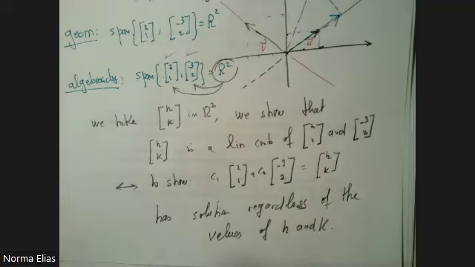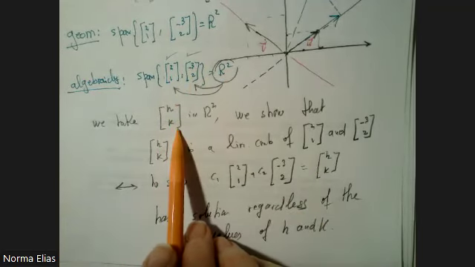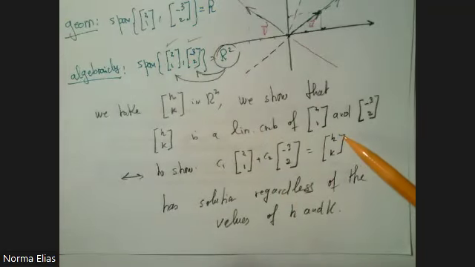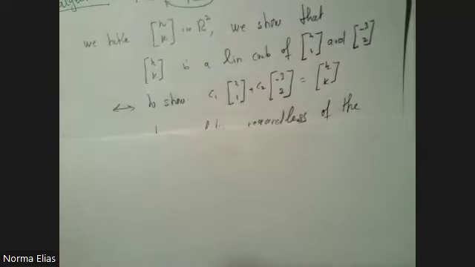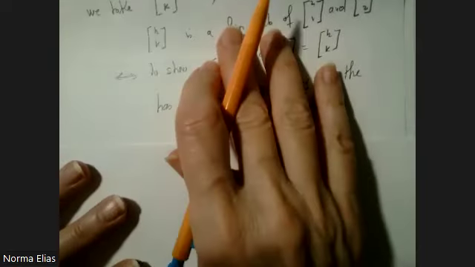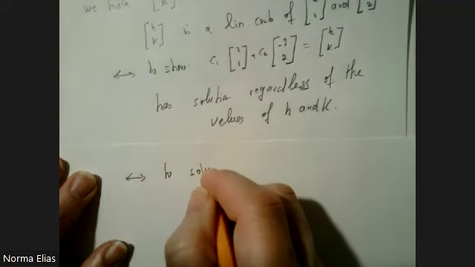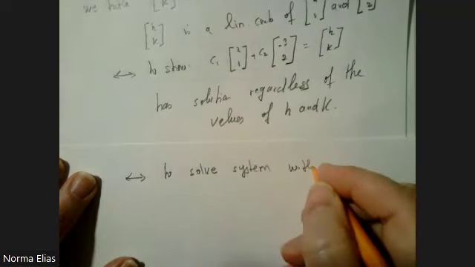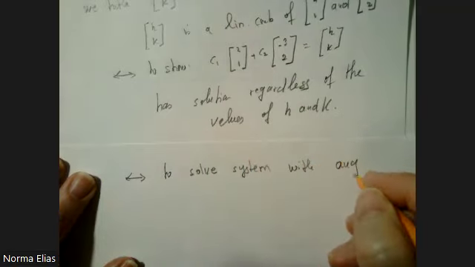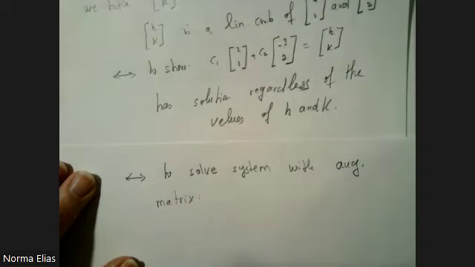So algebraically, we have to show that anything in R2 is a linear combination of these two. We take an arbitrary vector and show that this equation will have a solution regardless of what we put here and here. How do we proceed? We want to solve the system, which is equivalent to solving the system with the following augmented matrix.